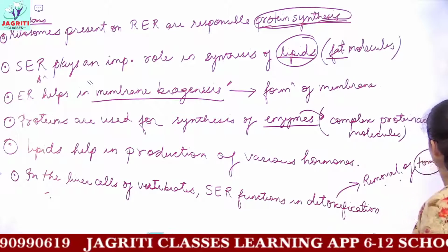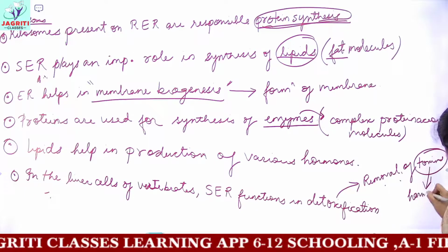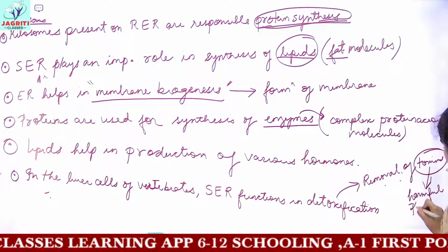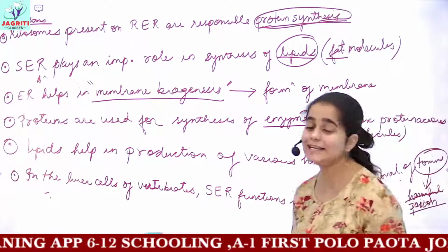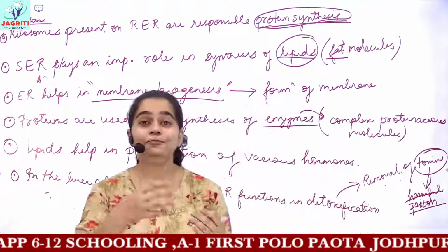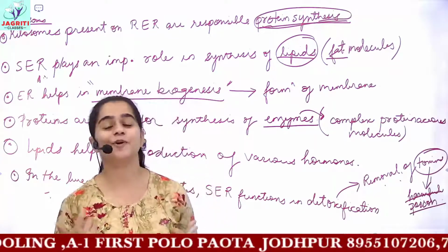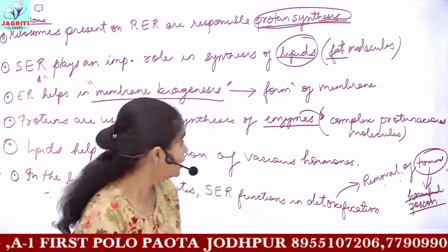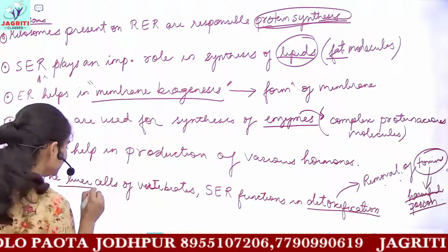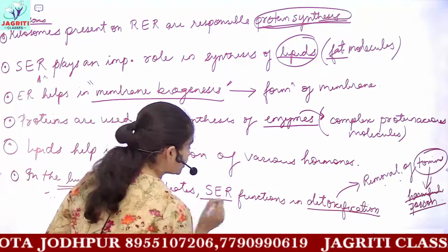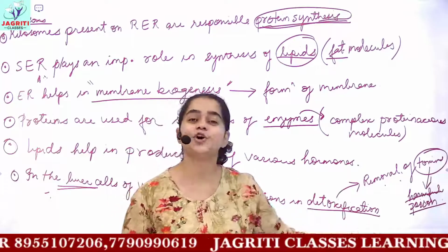And what do you mean by toxins? Toxins are the harmful, poisonous substances which are a waste for our body. These are not required by our body, but if these toxins will be retained in our body, then we would suffer from many other diseases and problems. So we require a process of detoxification, and in the liver of vertebrates, you have your smooth endoplasmic reticulum, and this smooth endoplasmic reticulum helps in detoxification.